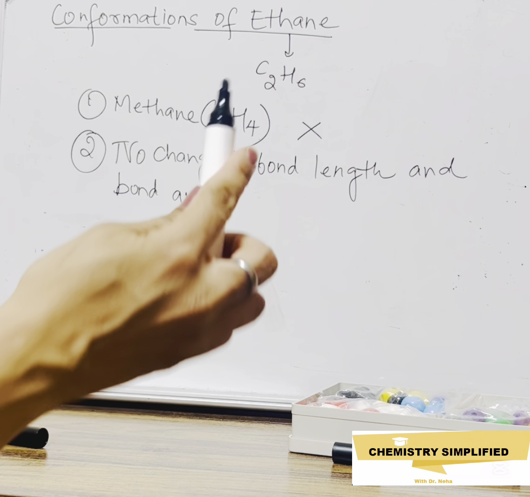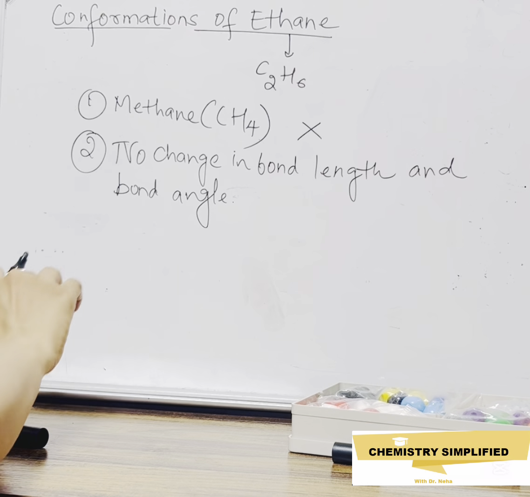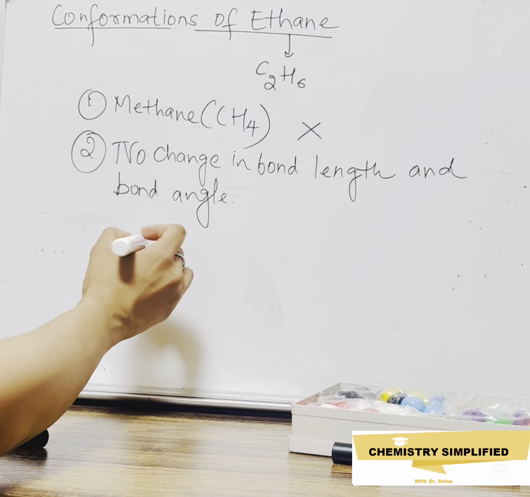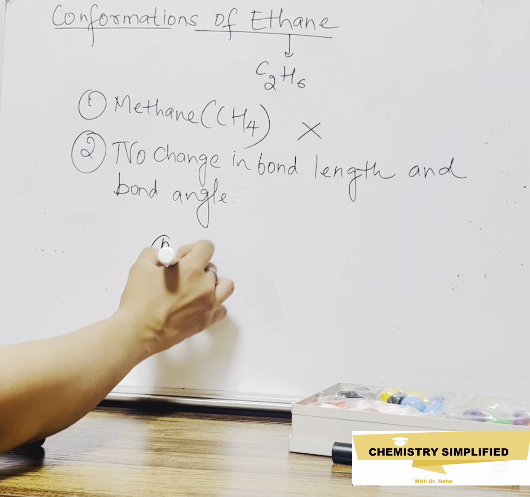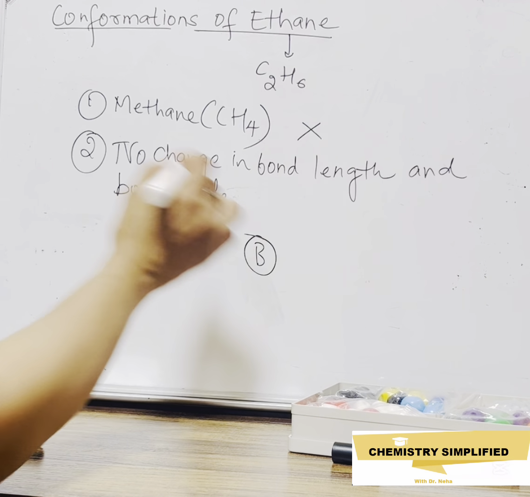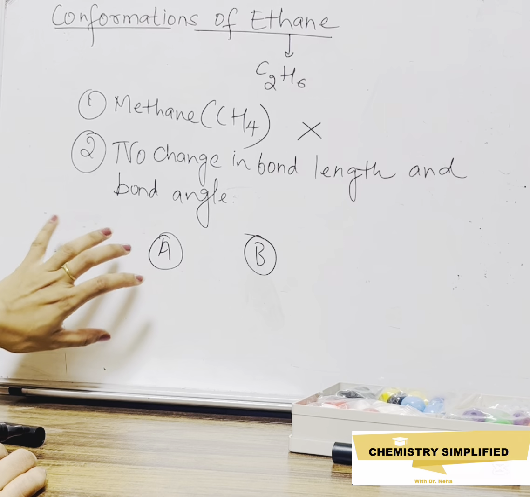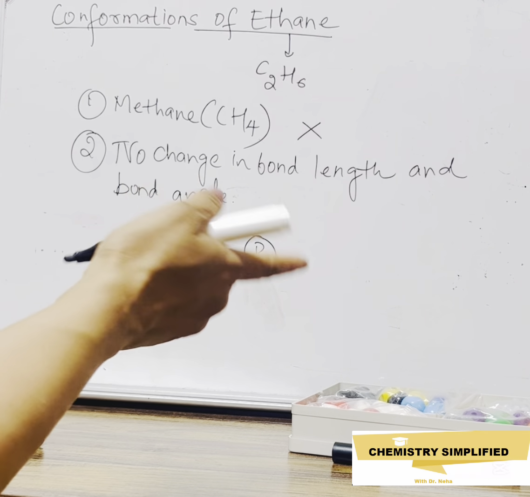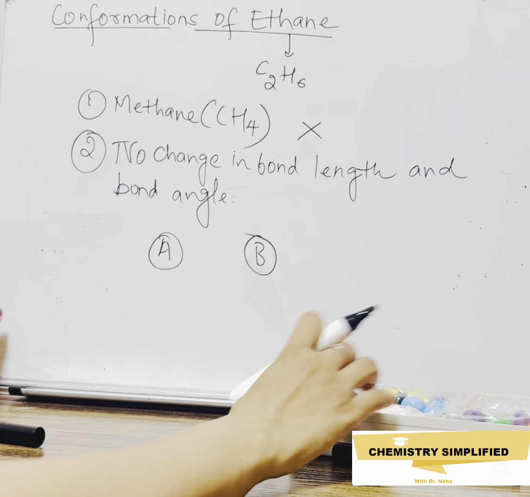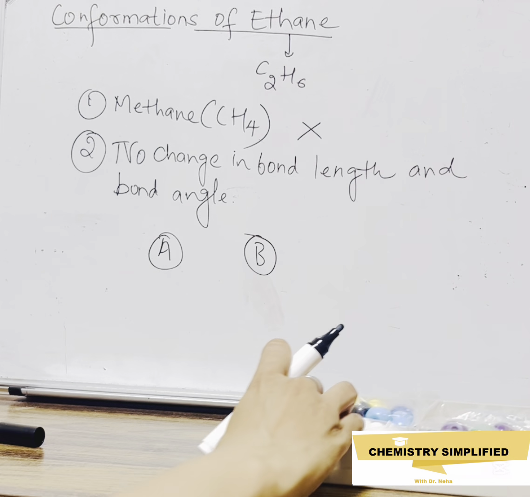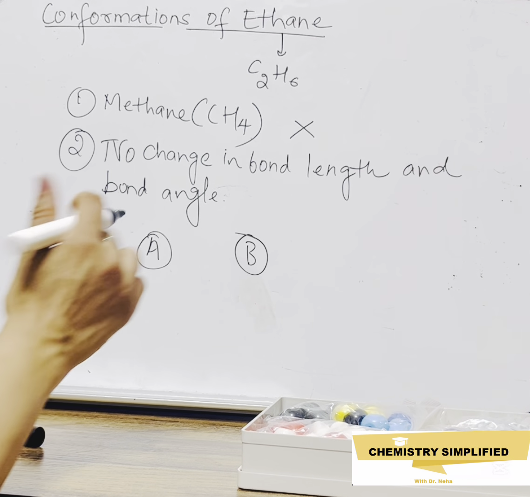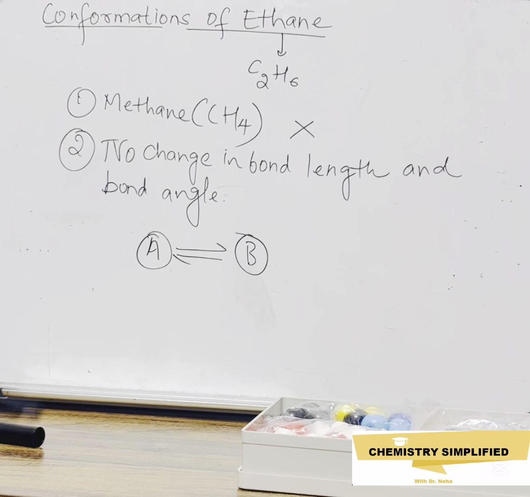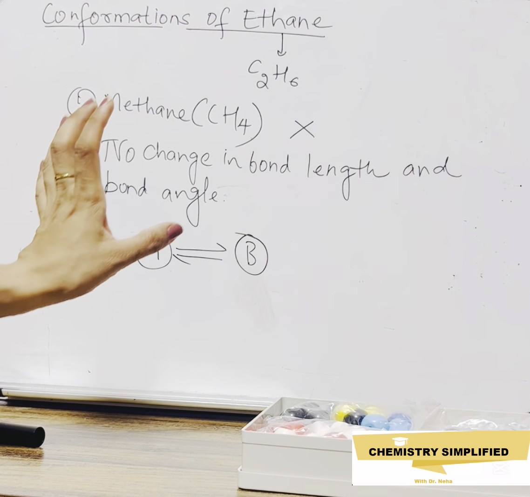All right, now when I'm saying conformations, it means two different forms. So suppose for example, I say A form and B form. Now suppose ethane shows form A and ethane shows form B, it means these two forms are interconvertible. Please make a note, children. So these two conformers, they can interconvert into each other. They have very little energy difference.